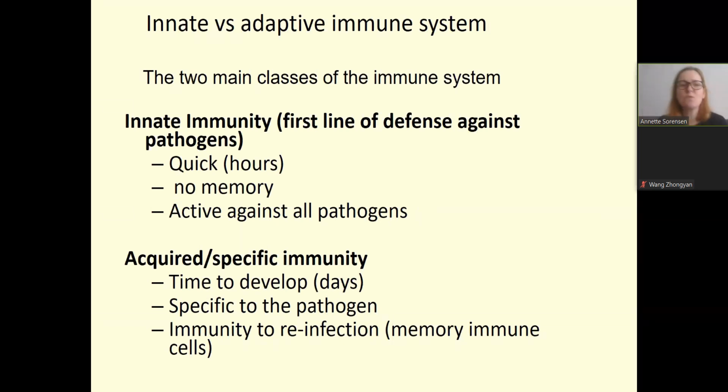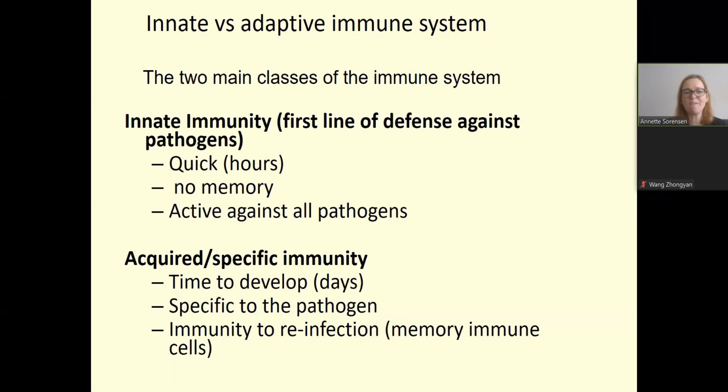The innate immune response you're born with has a very quick response to any pathogens that might enter. It has no memory and it is not specific to any particular pathogens.